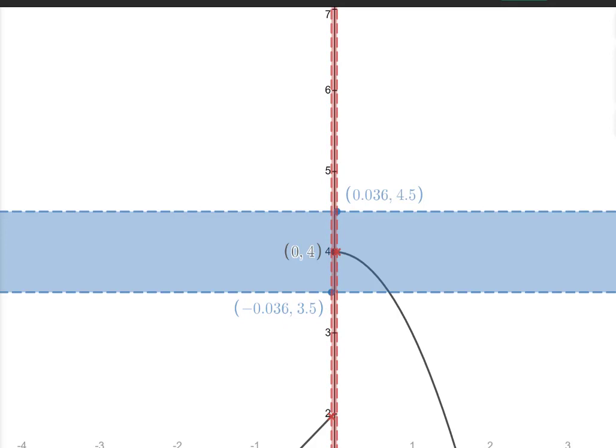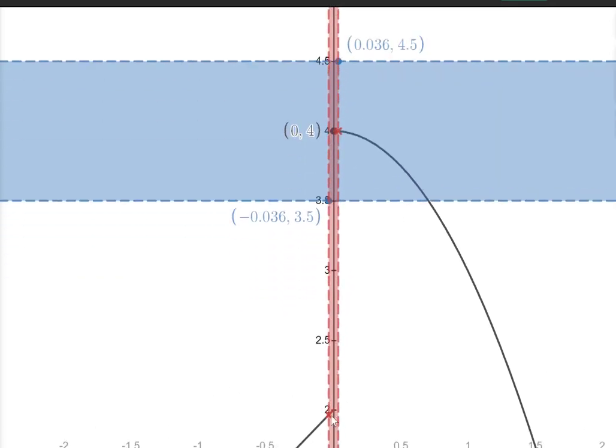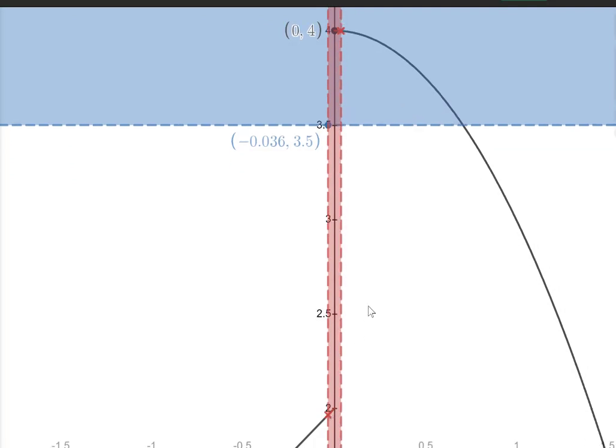I keep getting smaller, but I still have points in there, forever and ever. So I'll never be able to find a delta that works for this particular epsilon. But I don't even have to show it for all epsilon, because it fails for one. Remember, the definition said it has to work for all epsilon. So if I'm trying to disprove something, it's enough to show that it doesn't work for one epsilon, since it has to work for all of them.